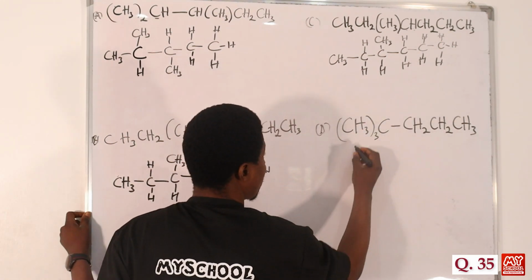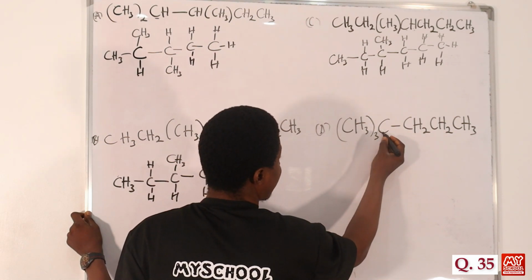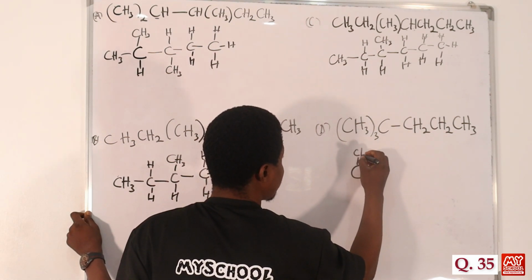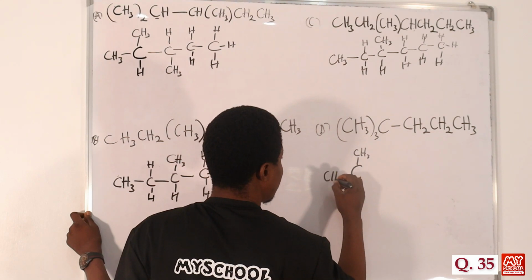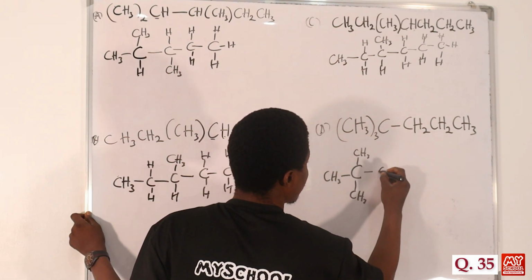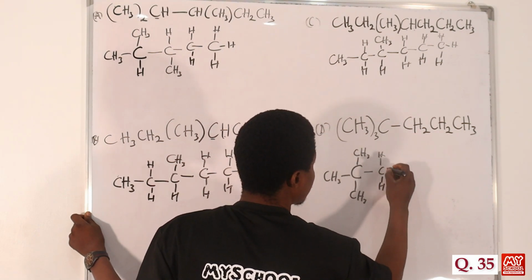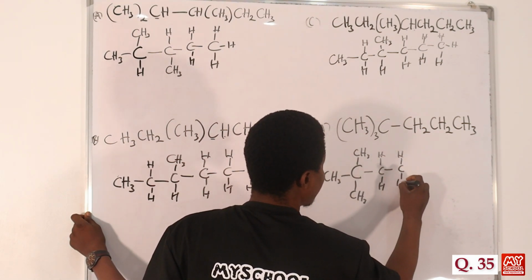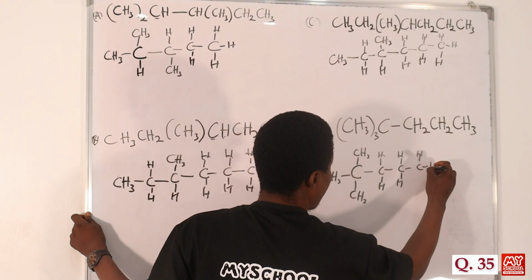And the last one here, we have 3 methyl groups attached to carbon. So one carbon here, and we have CH3 here, CH3 here, CH3 here. Then we have CH2, C here, hydrogen here, carbon, hydrogen, hydrogen, carbon, hydrogen, hydrogen, hydrogen.